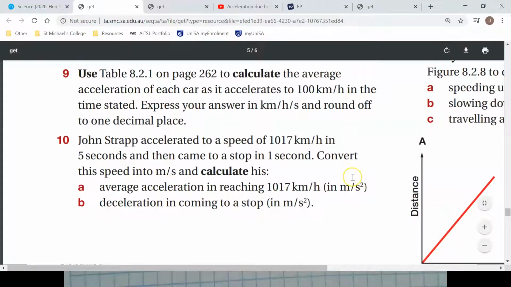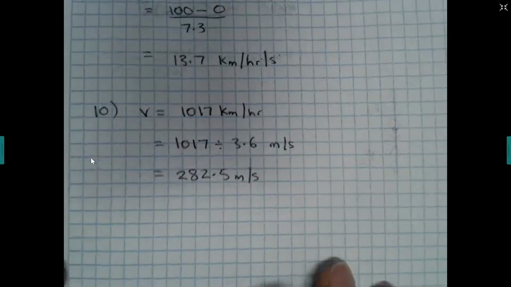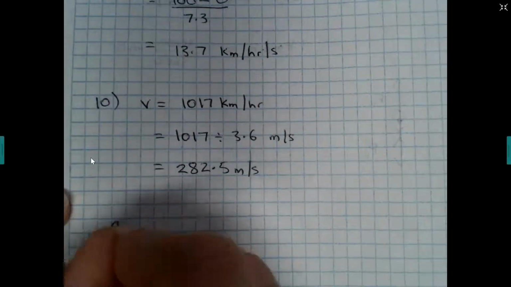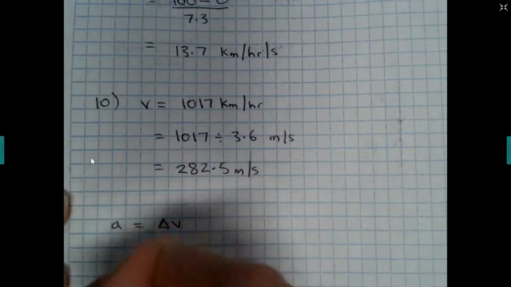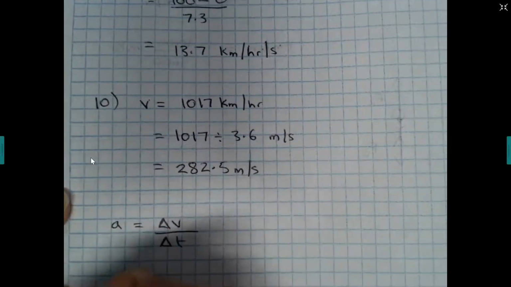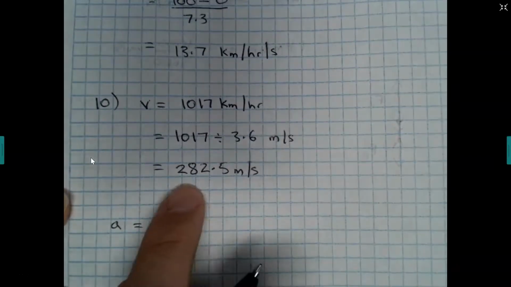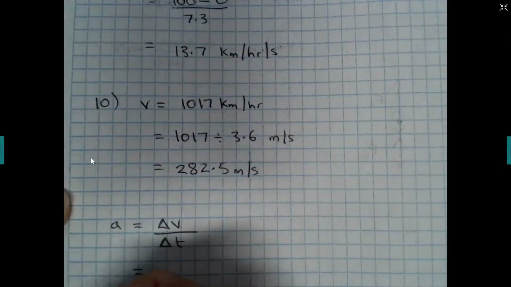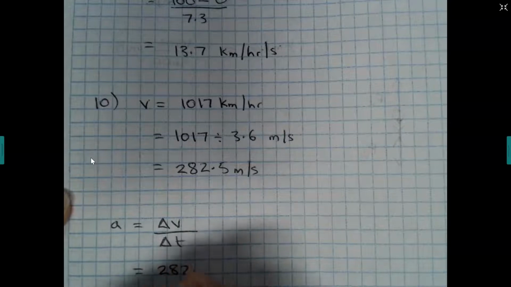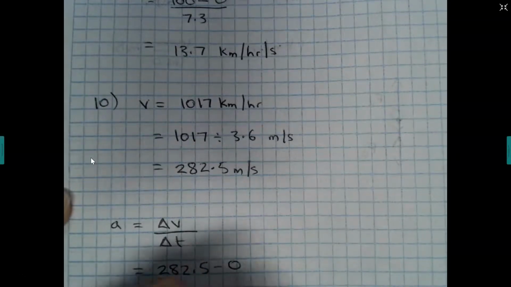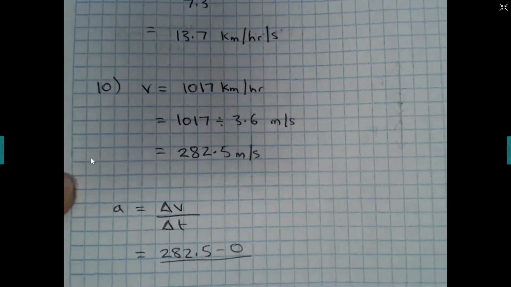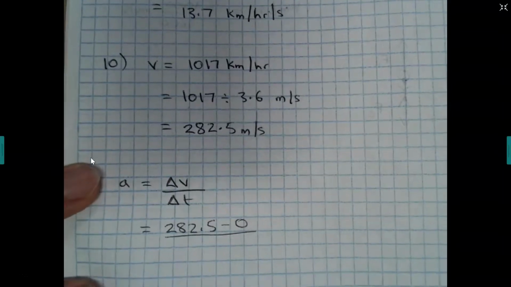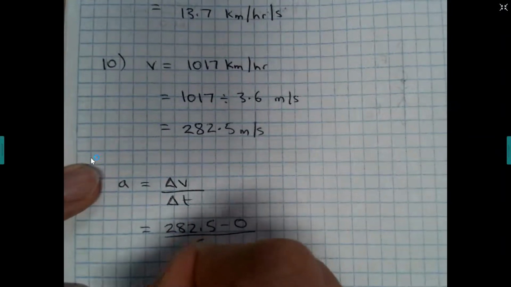out the average acceleration, and he did that acceleration in 5 seconds. So it's the same thing. Acceleration equals change in velocity over change in time. So he went from 0 to 282.5, so 282.5 minus 0 over, what was the time they did it in? 5 seconds.